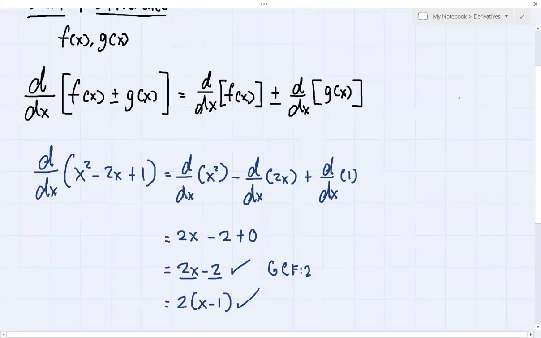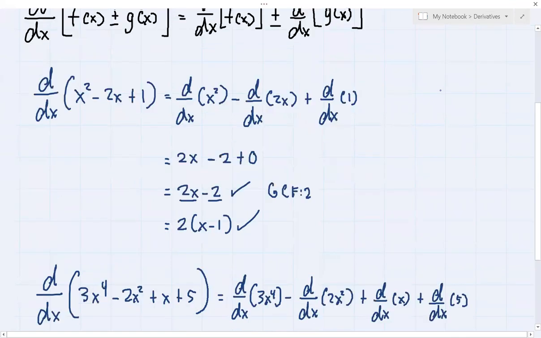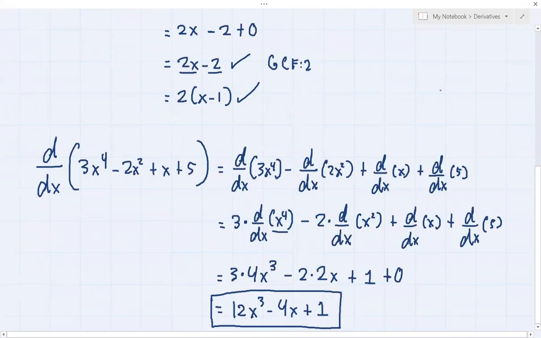So, I hope you have learned something in this discussion because these are all of the 5 basic rules na kailangan nyo talagang alamin. Alright? So, don't worry. We will still have another practice naman tungkol sa sum and difference rule of differentiation.